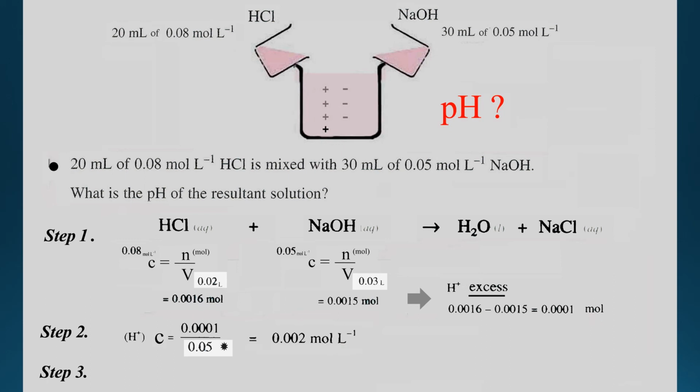Now you're on mole per liter. Remember, pH is calculated from mole per liter, not mole. Once you're on mole per liter, what is the pH? Use your calculator, convert using the minus log.